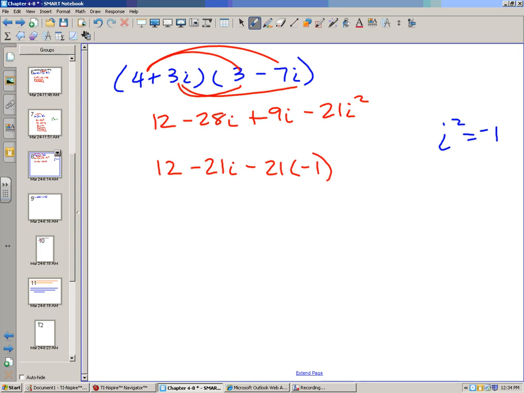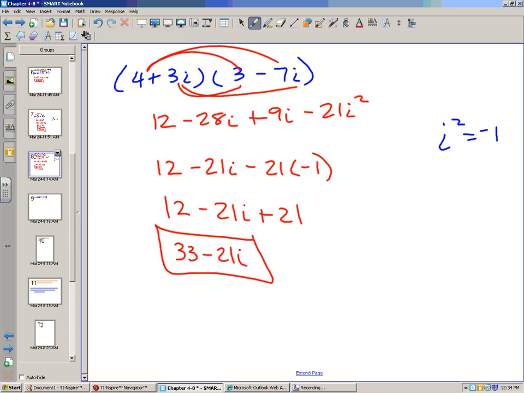Do we see that? A negative times a negative is a positive. And what is 21 plus 12? Do we see that?